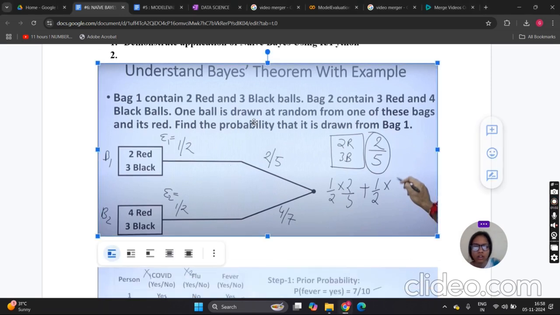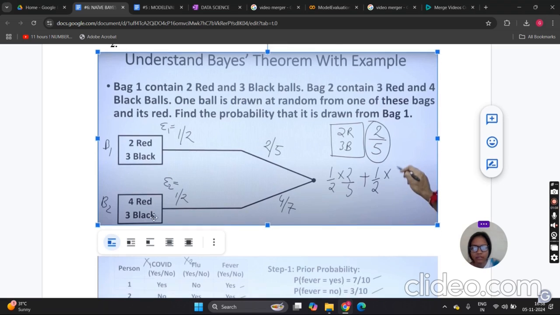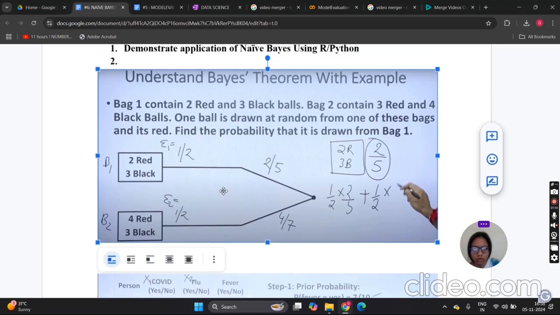First of all, our bag 1 contains 2 red and 3 black balls, and our bag 2 contains 4 red and 3 black balls. So what is the probability of a red ball in bag 1?